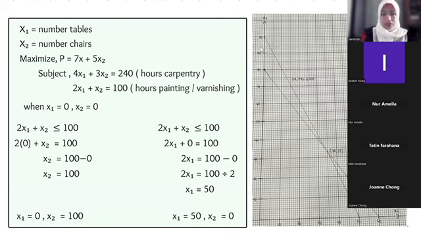The other is 2x1 plus x2 less than or equal to 100, and we calculate that we get x1 is 50. So the final is x1 equal to 50 and x2 is equal to 0. Next, I will pass to the next presenter.